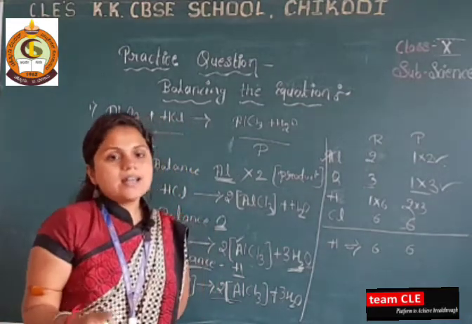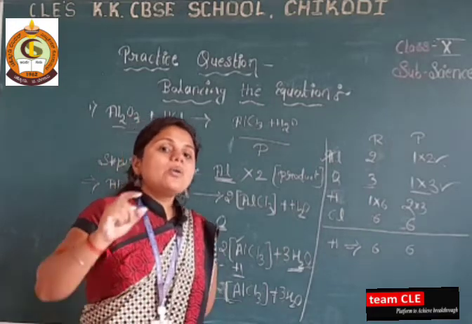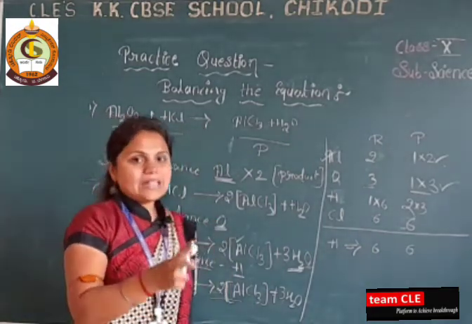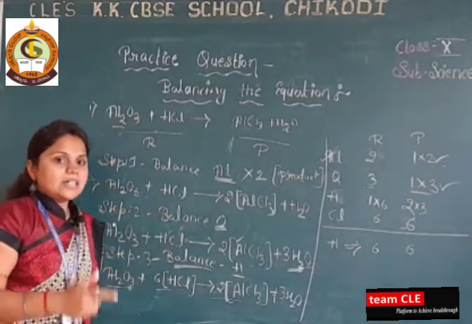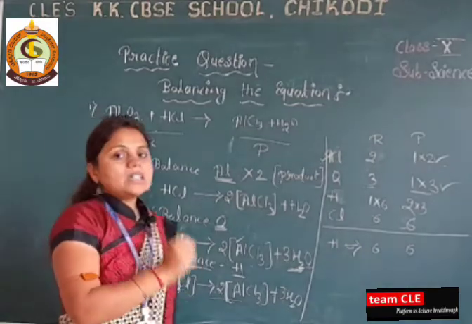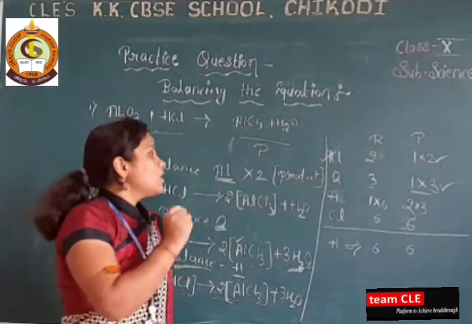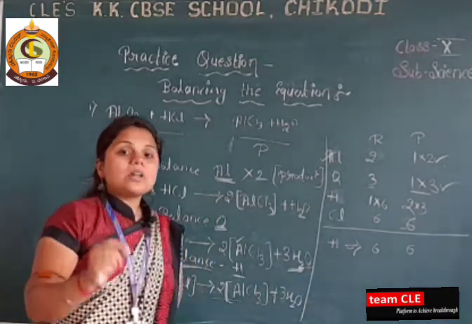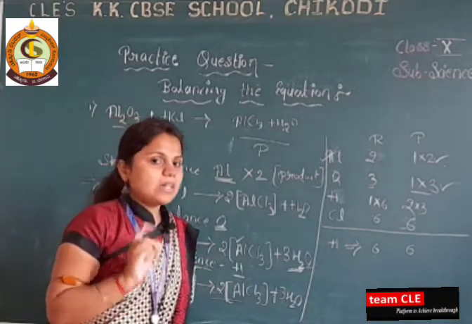In the next class I will go for the algebraic expression method, how to identify the number of elements and how to balance the chemical equation. In the next class we will go for the alternate method, but usually this is a very simple example. By doing some crisscross methods and a few multiplications, we can get the balanced chemical equation.